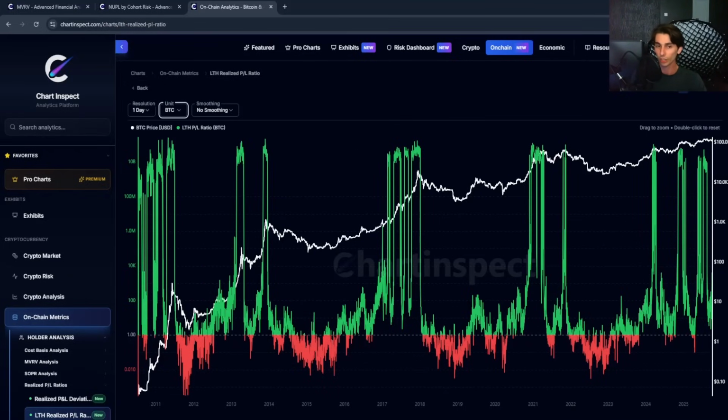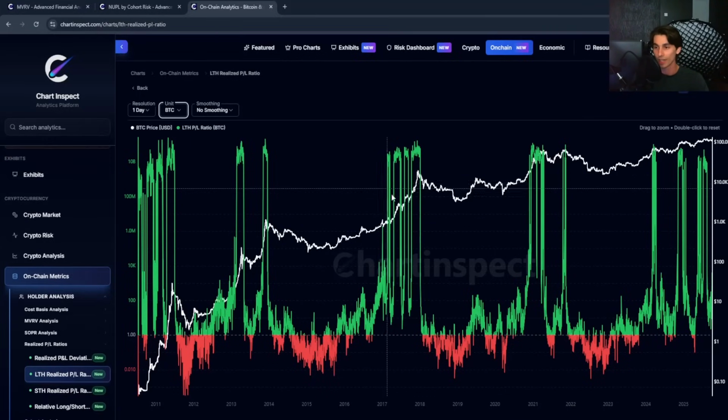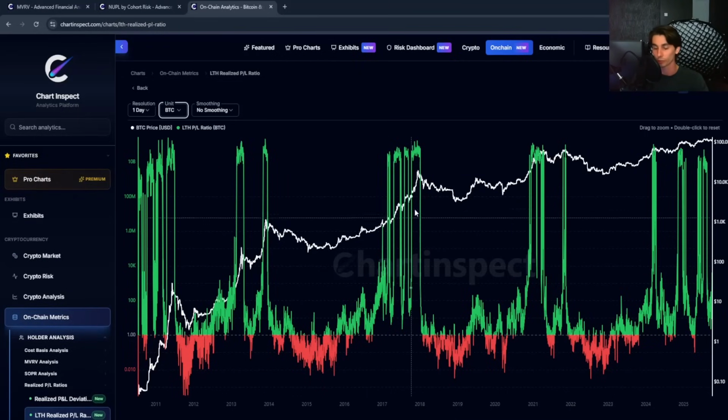Looking at the spikes in bull markets, see how quickly they shoot up logarithmically? That's because these long-term holders are realizing profits that are 10x, 100x, even sometimes 1,000x, depending on where they bought, greater than any losses, right? It's a ratio, it's logarithmic. It's going to have these insane spikes because of the amount of profit they're realizing.